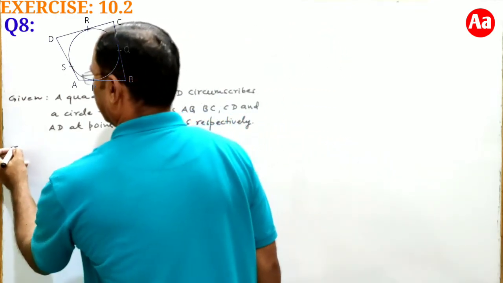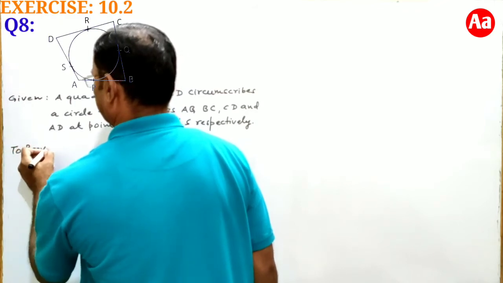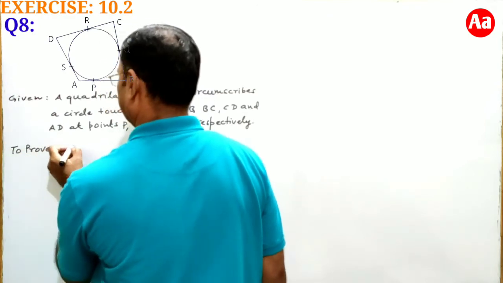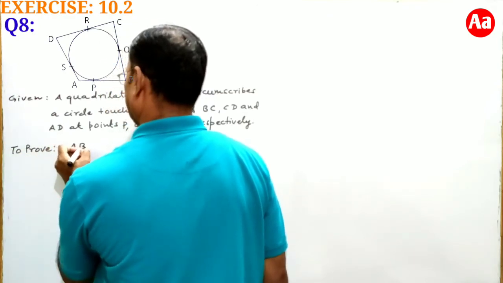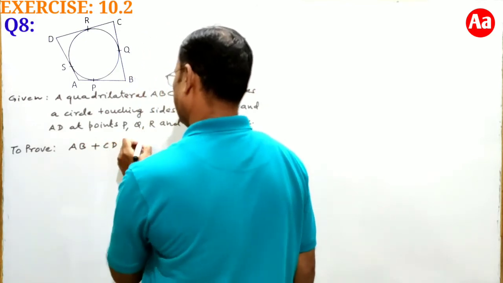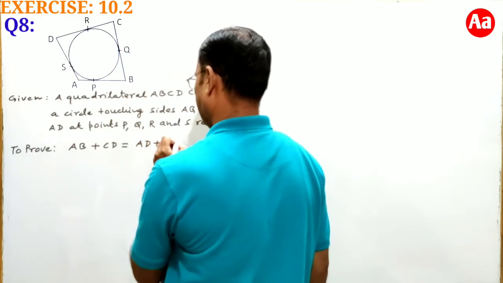We have to prove that AB plus CD is equal to AD plus BC.